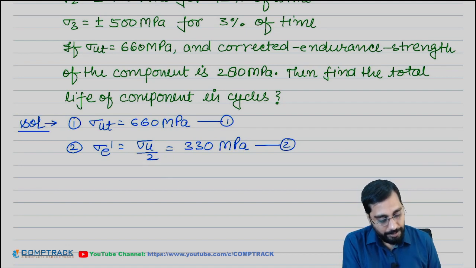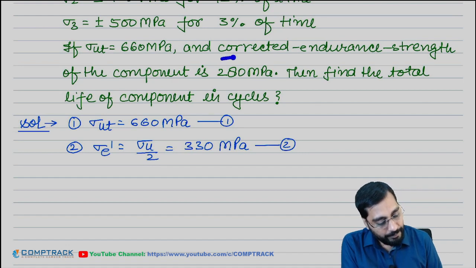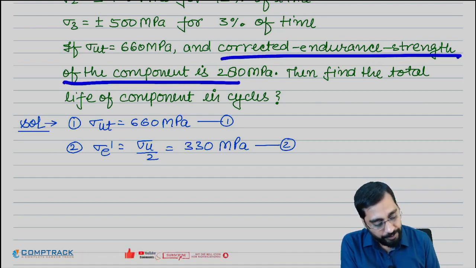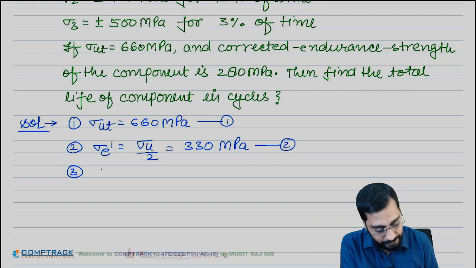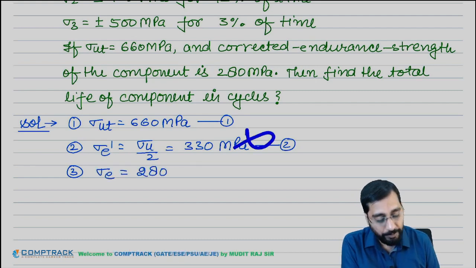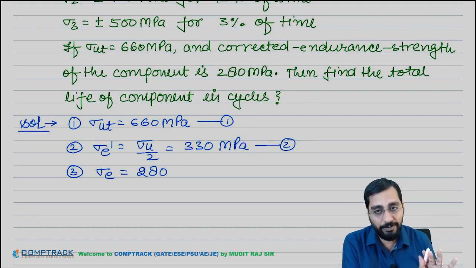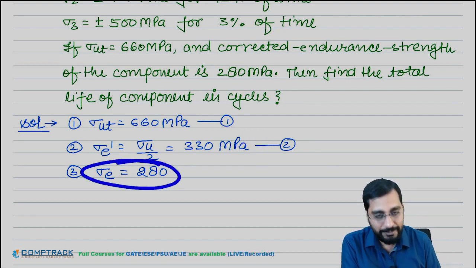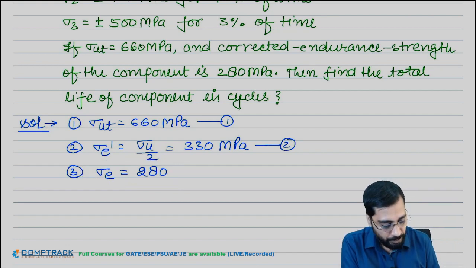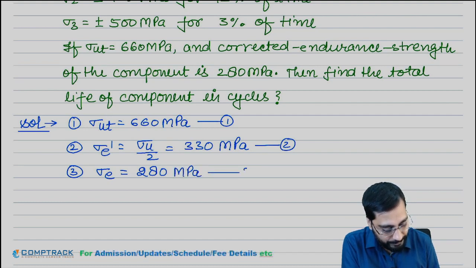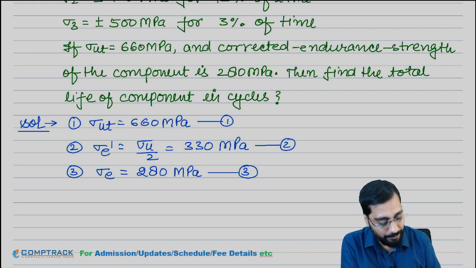Now, they are saying the corrected endurance strength of the component is 280. So this will be considered as your sigma E. Sorry, for this not 10 to power 6. This is not corrected. This is for specimen. Corrected means after taking the consideration of all factors. So 280 is directly given to you. So at 280, 10 to the power 6 cycle will be completed.